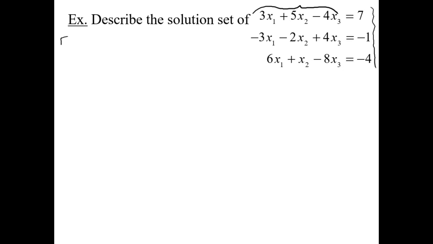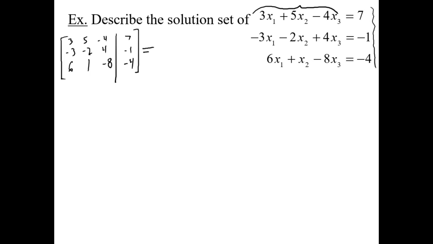So let me write the augmented matrix, 3, 5, negative 4, 7. The advantage of having done this before is at least now I know to expect one free variable. And I have an idea of what I'm going to do to go from one step to another.